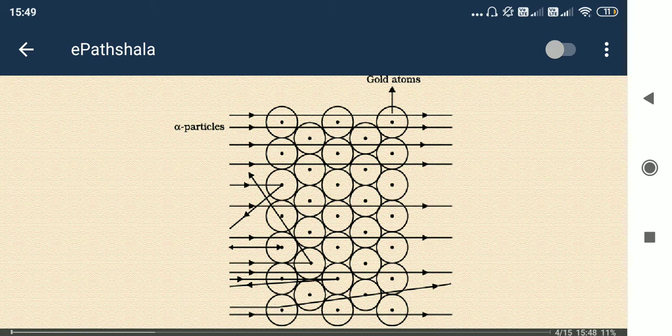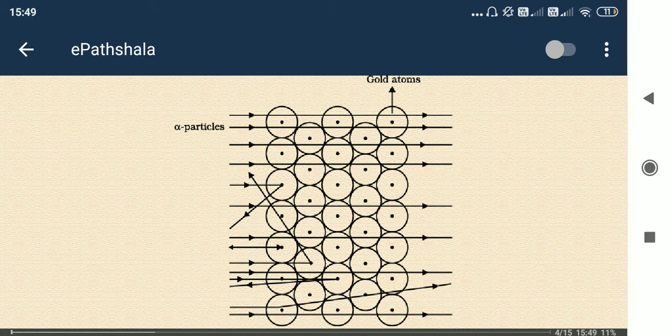So why is it changing direction and coming back? This is because of the interaction between this charged particle and some other charged particle present inside the atom, okay. So he concluded that some charged particle is there inside the atom. That's why proton is positively charged and electron negatively charged, okay.